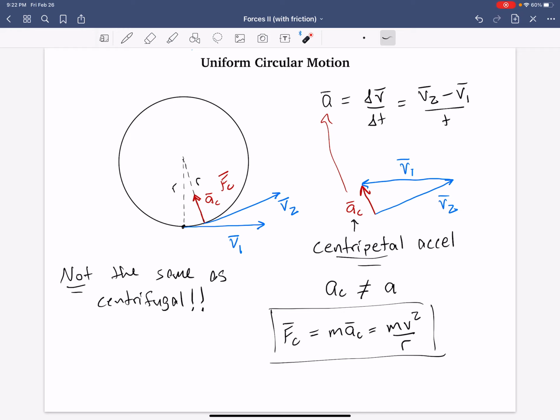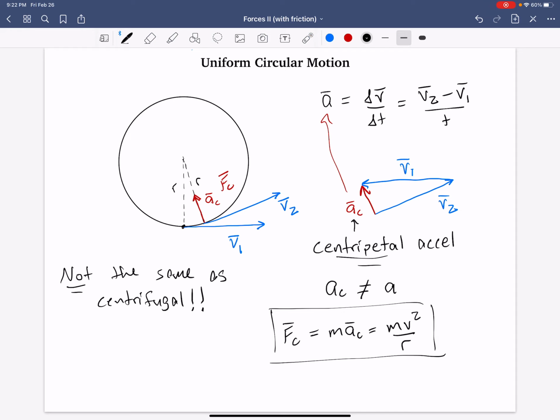This is the centripetal force, okay? So, again, not to be confused with centrifugal. That's the apparent force outwards. It's not real.